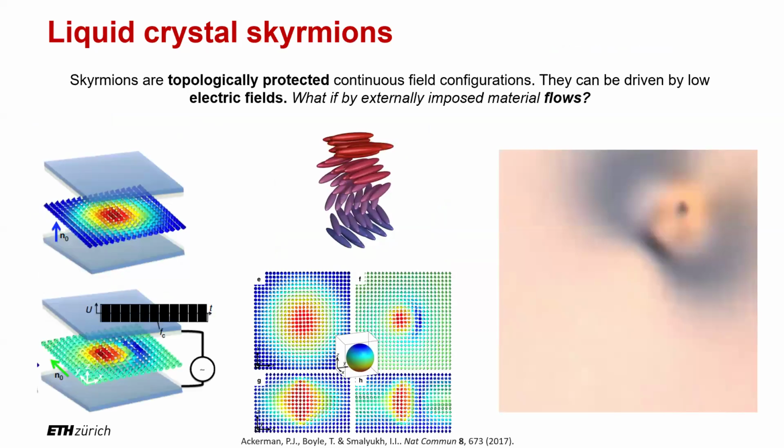And what is a skyrmion? This is a kind of topological defect that is formed in the liquid crystal in the following situation. We have two parallel plates and a liquid crystal in between. Far from the skyrmion, usually all the molecules would be pointing perpendicular to the plate, a uniform state. However, the liquid crystal that we use is cholesteric, so it tends to form twists.